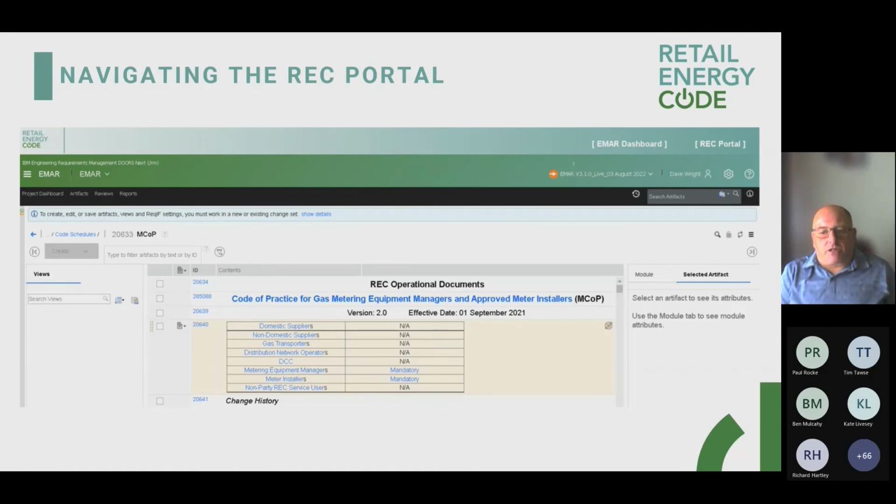So if any changes are made to it, your copy may be out of date. You are potentially better working from a live version all the time. But that's where the relevant documents that you need for managing your business under gas, for the MCOP or the ASCOP, actually sit.